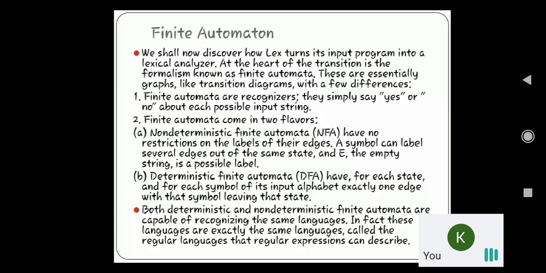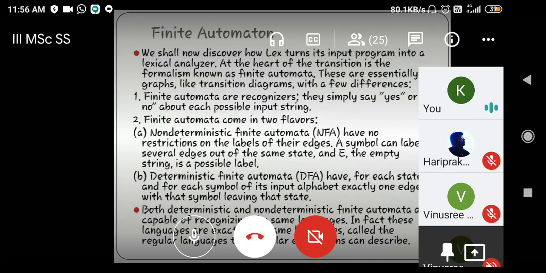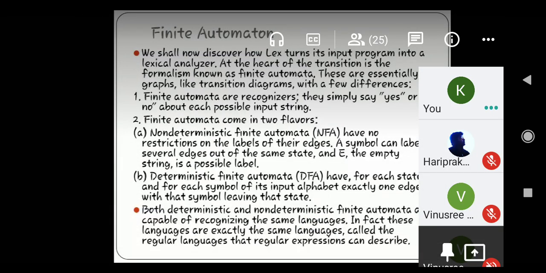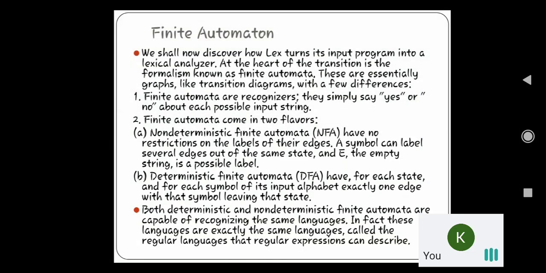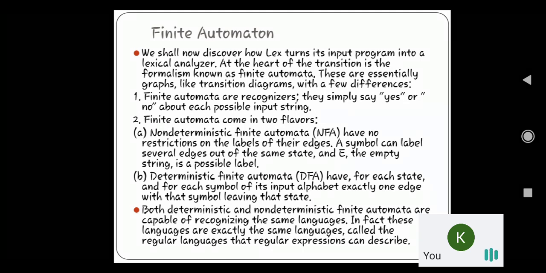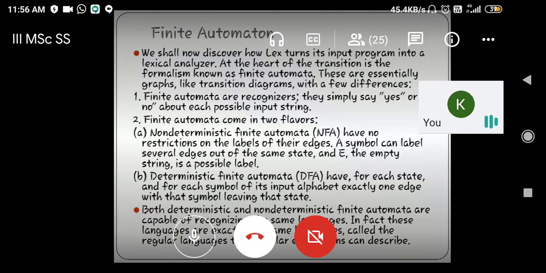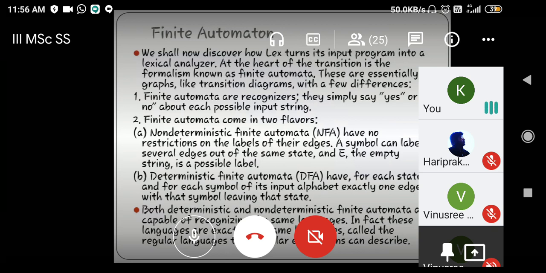So these are the two important major differences that we have between NFA and DFA. So far I have given some introduction to finite automaton, the differences between NFA and DFA, and about recognizers. These are the things that we have discussed so far.